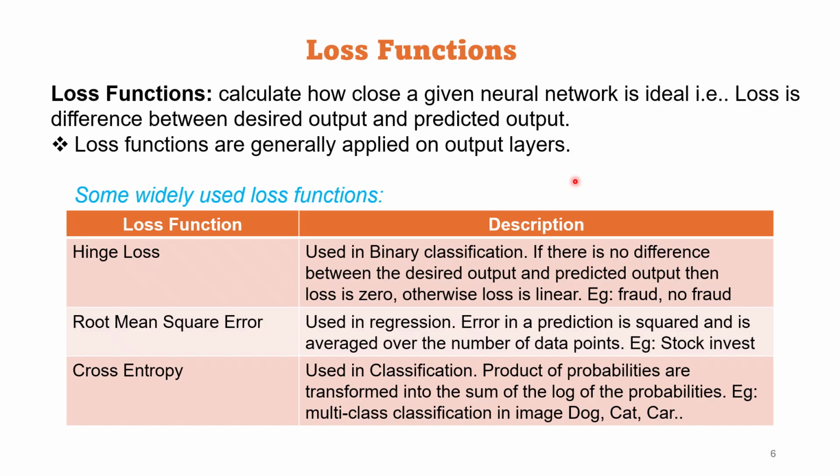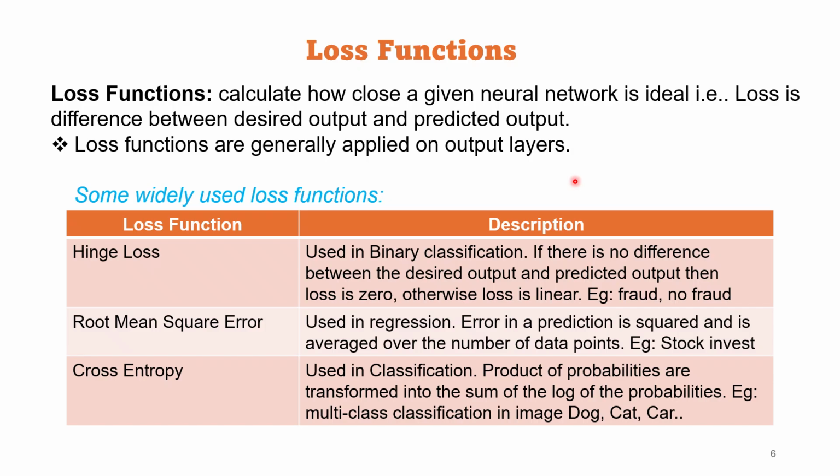Cross entropy is of two kinds, binary cross entropy and categorical cross entropy. Don't get confused between hinge loss and binary cross entropy as both the losses are used for classification, that is 0 and 1.